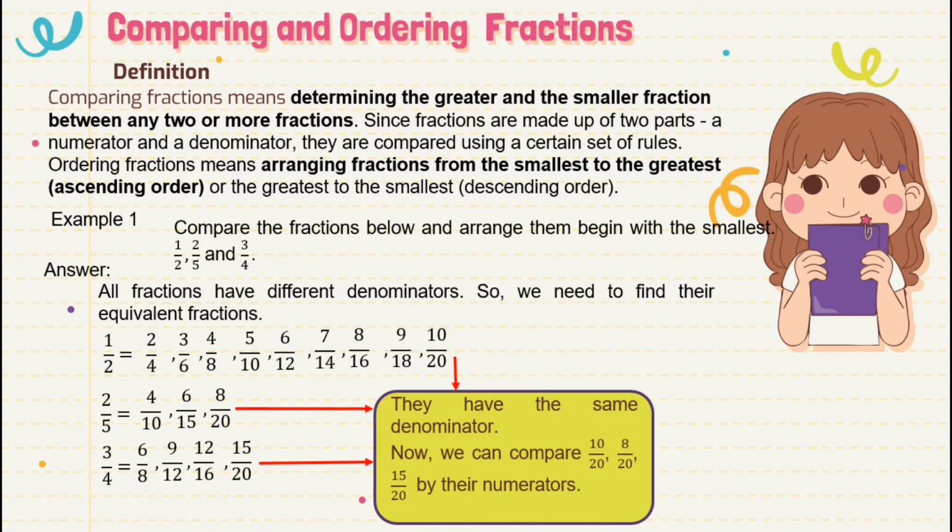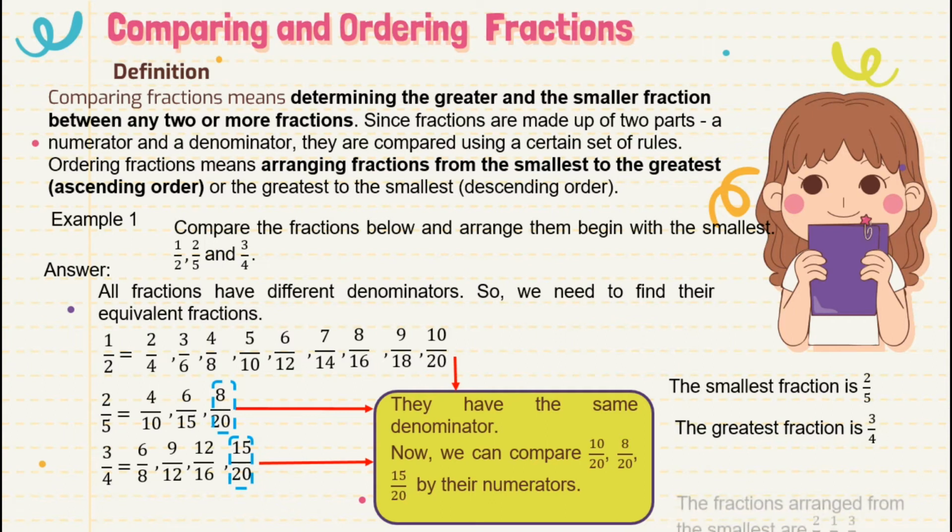Now, we can compare their numerators: 10, 8, and 15. 8/20 is the smallest, so the smallest fraction is 2/5. 15 is the greatest, so the greatest fraction is 3/4. The fractions arranged from the smallest are 2/5, a half, and 3/4.